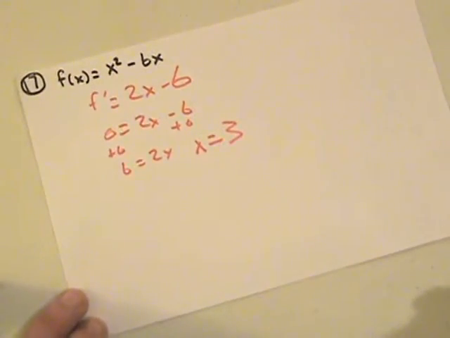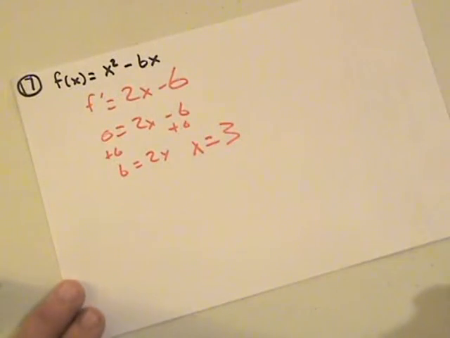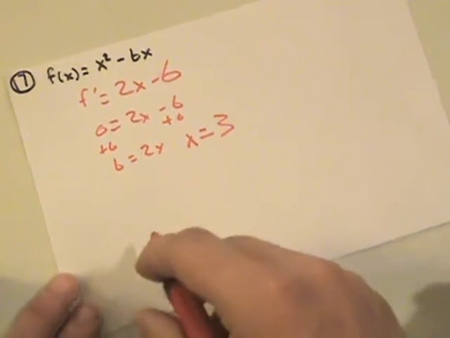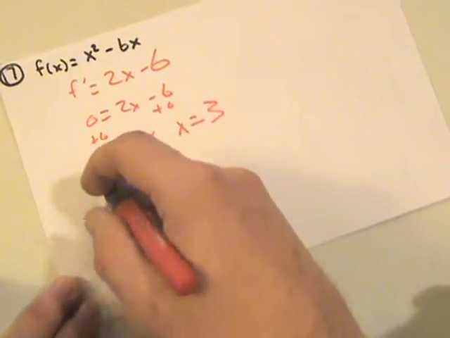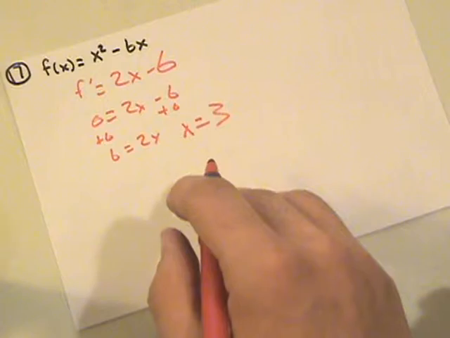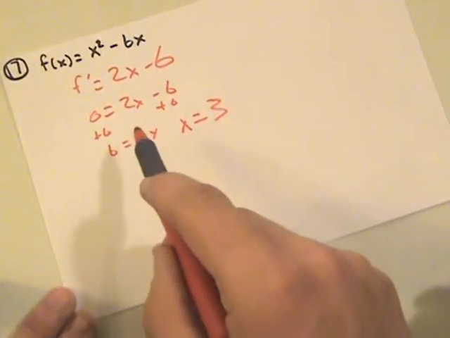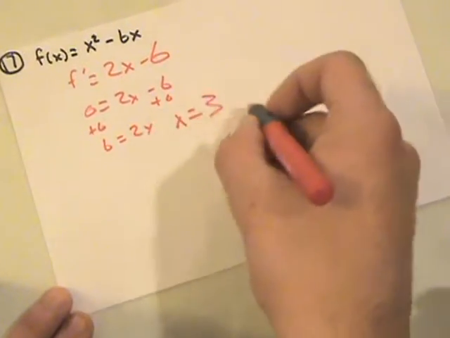So at x equals 3, that is a critical point, and so we're going to pick values on both sides of it to find the sign and to use the first derivative test. But first, so we can understand what the first derivative is showing us, we're still going to reference whether it's increasing or decreasing.